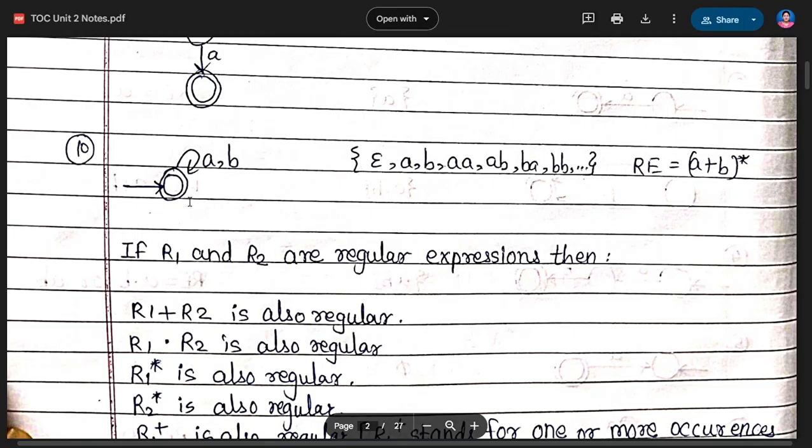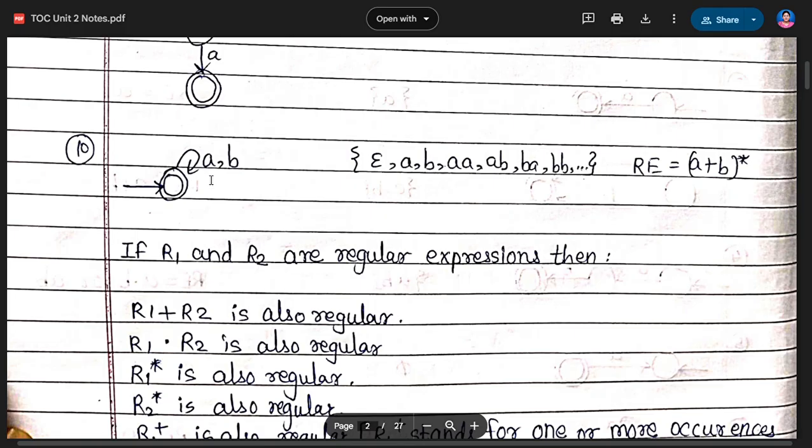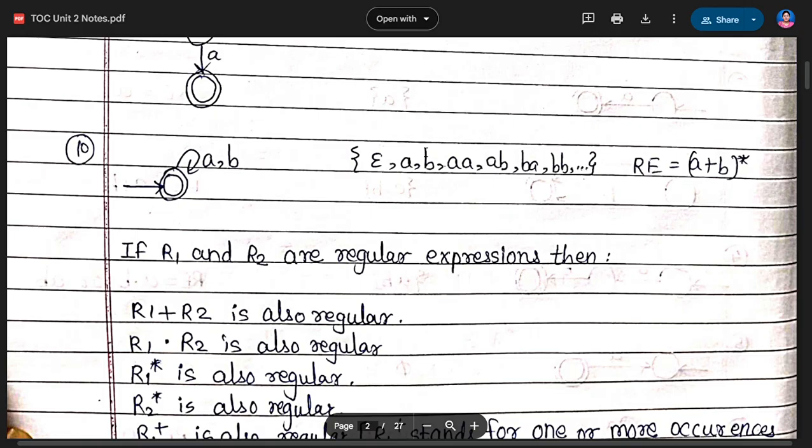It's epsilon, then AB. The user can take whatever input, so it can be A, or AB, or AA, or B, or BB, and many more, like three times A, or two times A, one time B, anything. So we will write it as (A plus B) star.